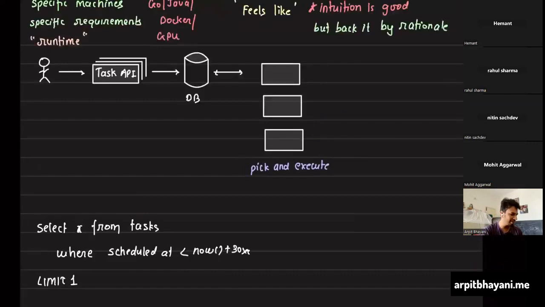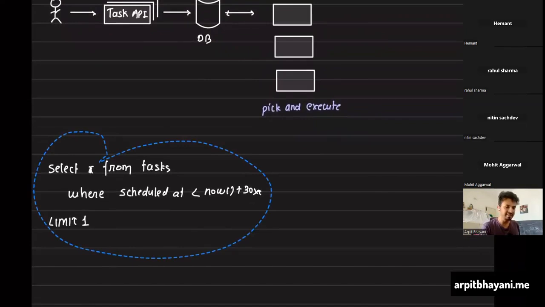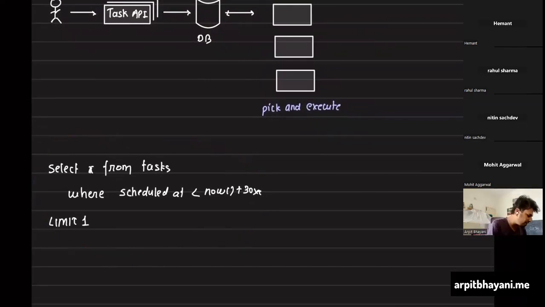Exactly. That's why I redrew this to make it clear that we do not have one machine, we have 3 machines. If each of these machines fires this exact same query, and let's say I have 3 tasks, 1, 2, 3, and all of these 3 match, and the query is fired by 3 machines at the exact same time, the database would pick the exact same row and return it to all of them.